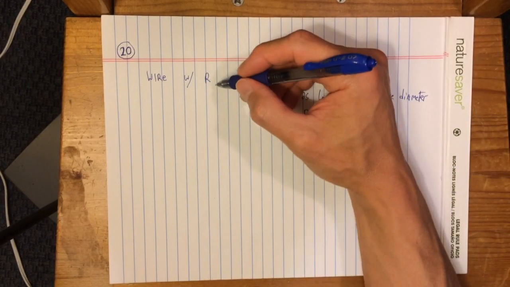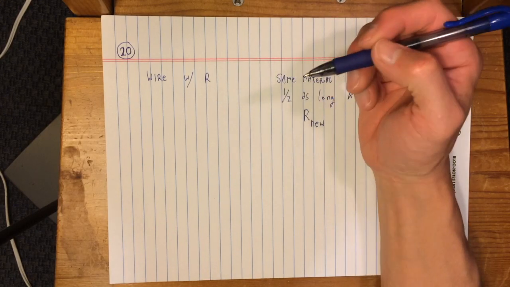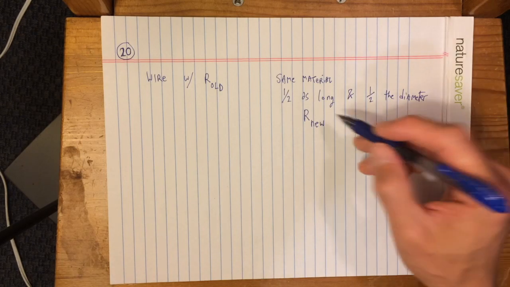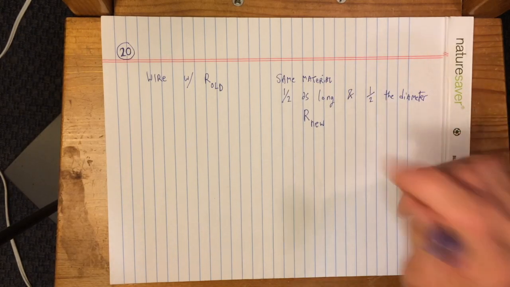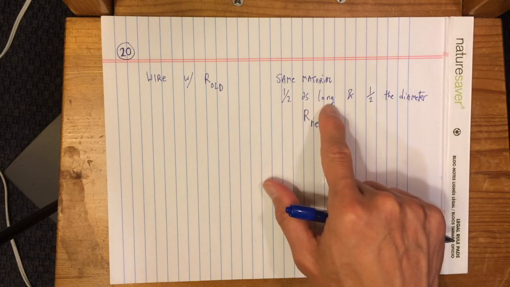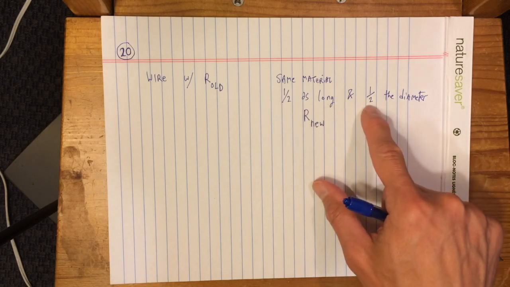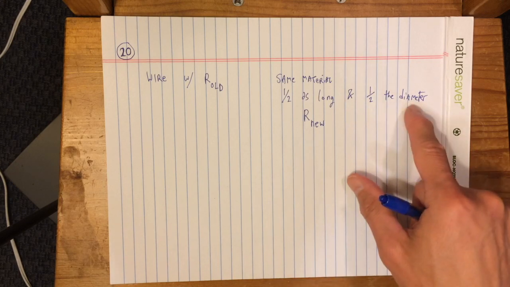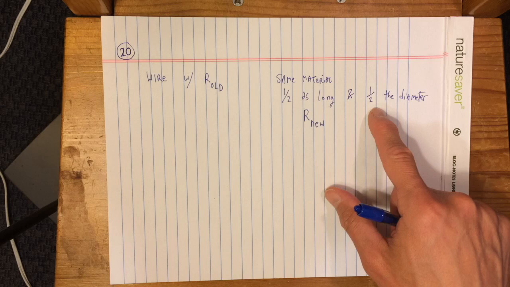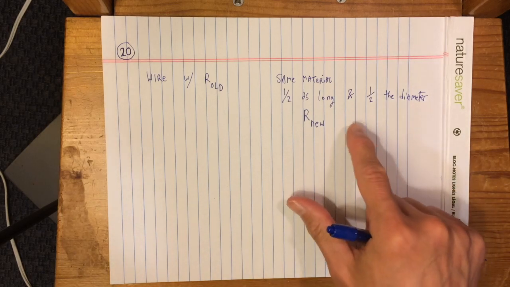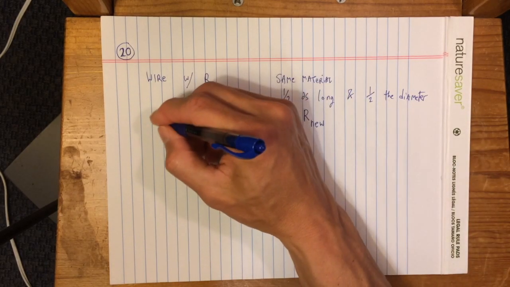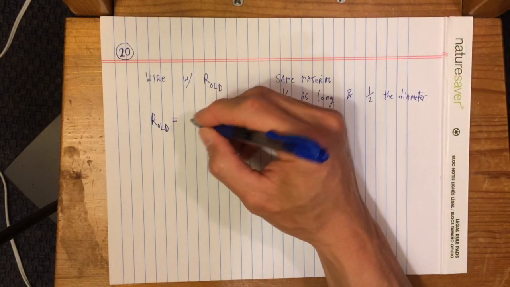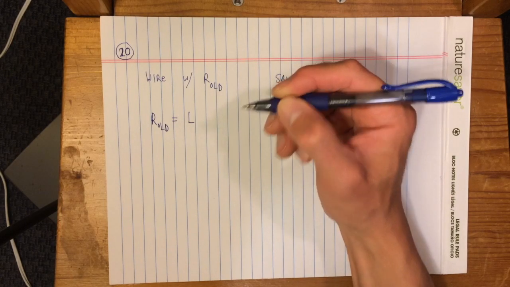So I've got, say, an old resistor, and I could say that's the old one, or the one that we start with. And now we're going to make a new resistor that is not as long, it's only half as long, and its diameter, so we're assuming it's a cylinder, its diameter is half as much. So let's think about that. So the old resistor, it's made to have a certain length.